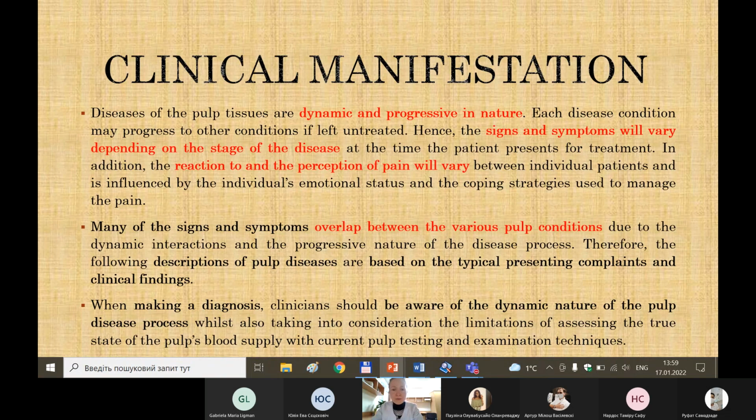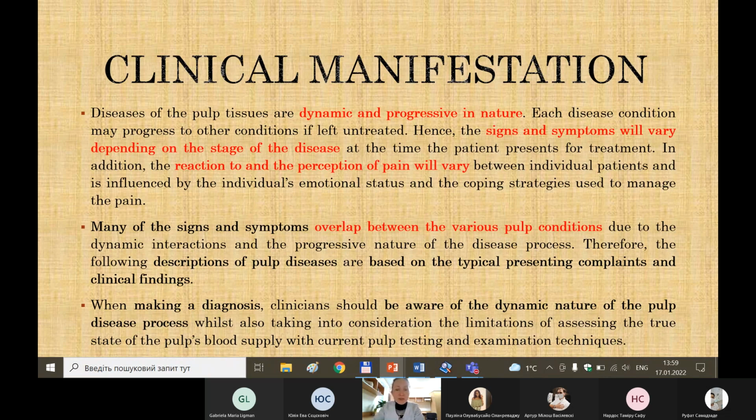In addition, the reaction to and the perception of pain will vary between individual patients and is influenced by the individual's emotional status and the coping strategies used to manage the pain. Many of the signs and symptoms overlap between the various pulp conditions due to the dynamic interactions and the progressive nature of the disease process.